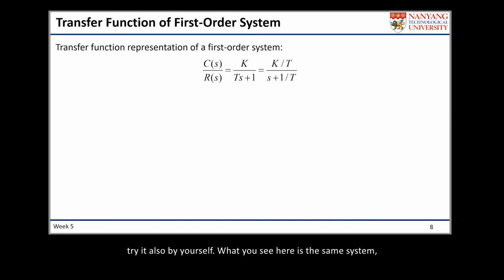What you see here in this slide is the same system where the behavior of the system is represented in transfer function form: the ratio between output and input in the Laplace domain, the ratio between C and R. So clearly, as you can see in this slide, there are two parameters: K, which is the DC gain, and T, the time constant.